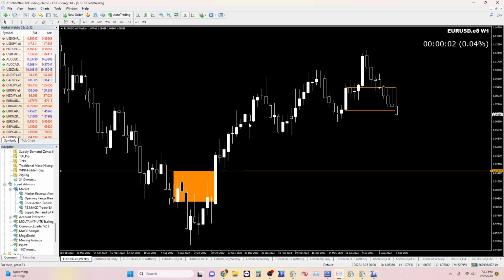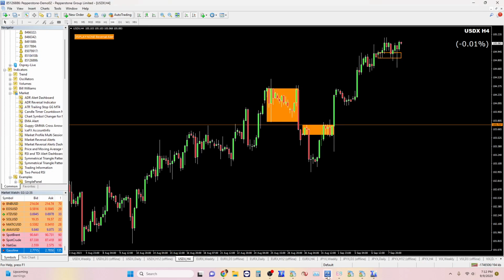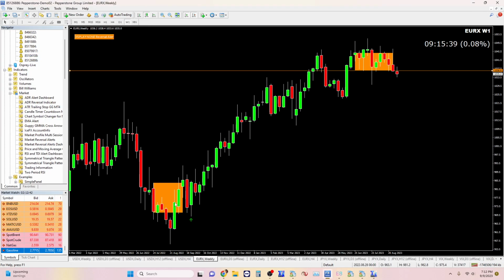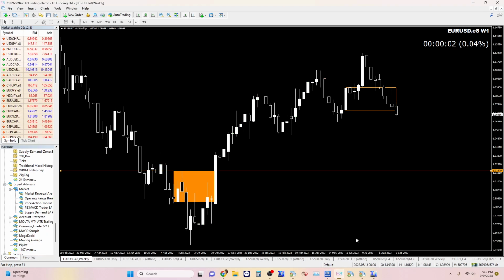We could get a runaway of price, or we could get a nice deep retest like what we've gotten in, I think, the euro. This huge deep retest into the weekly breaker. It's totally possible. So the same goes for this.